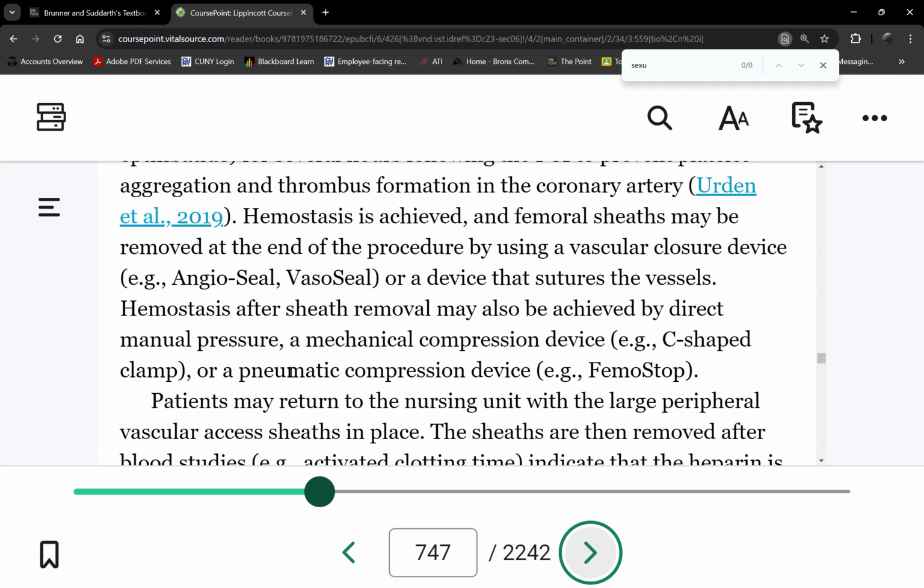You press it until it tightens, because otherwise you'll have to be doing manual pressure on the femoral artery. Now nobody can do that.